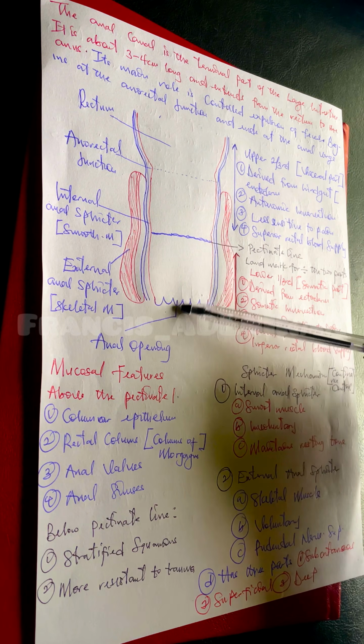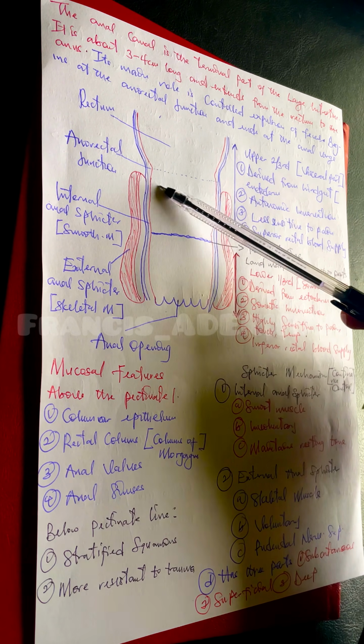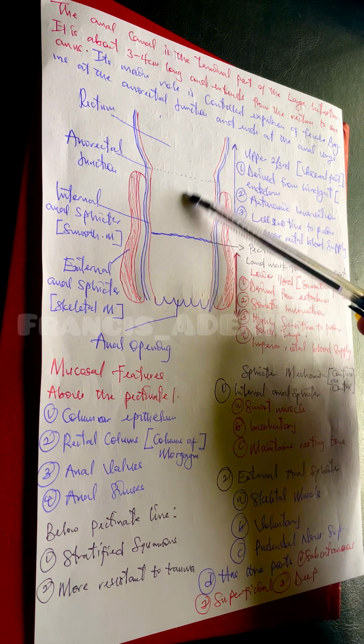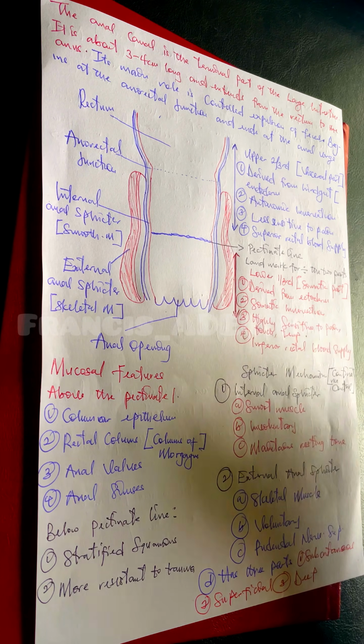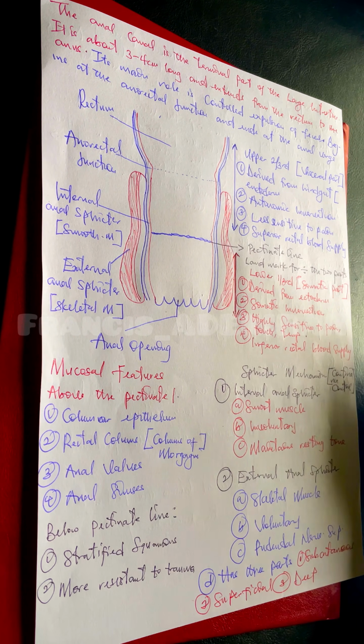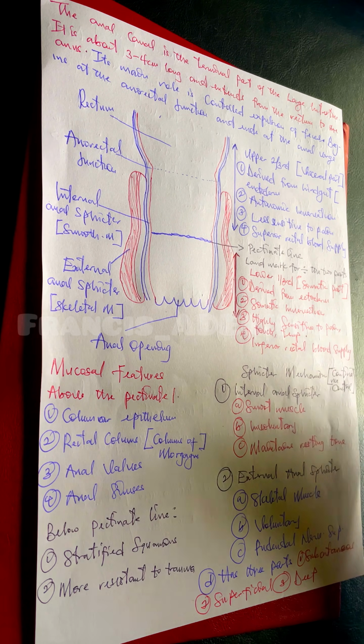Here is the anal opening. So the anal canal extends from the anorectal junction to the anal opening, and it is about 3 to 4 centimeters long, and it is the terminal part of the large intestine.